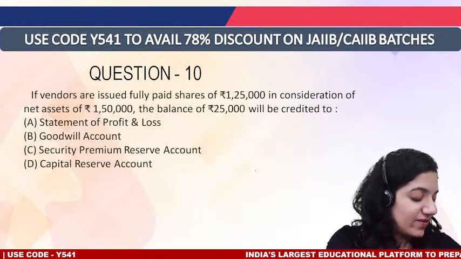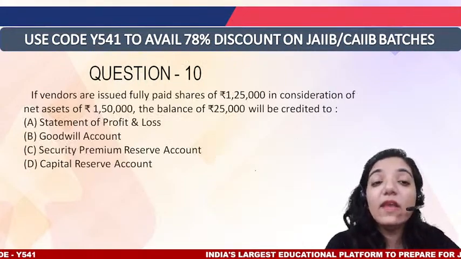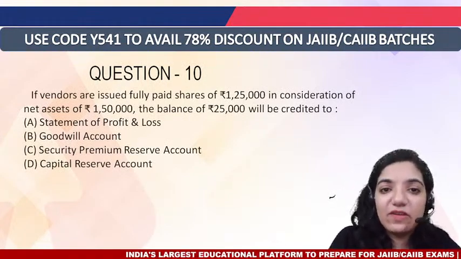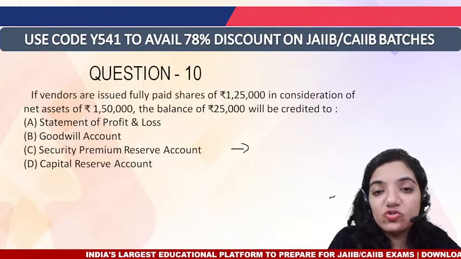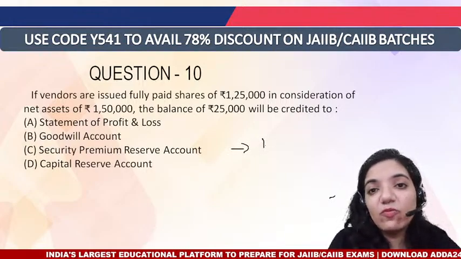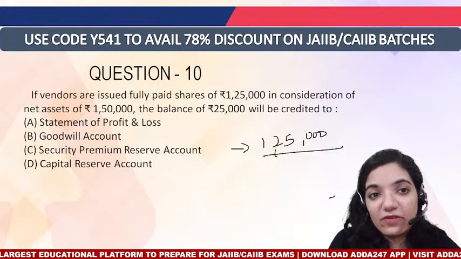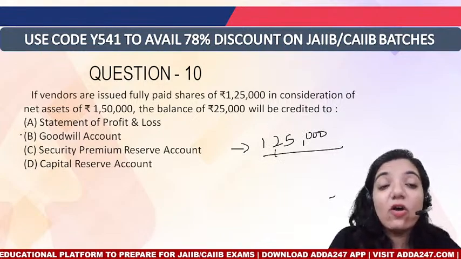Now the last question for the day. If vendors are issued fully paid up shares, we have given shares to some vendors from whom we purchased something. We have given fully paid up shares of 1,25,000 for a consideration of net assets.